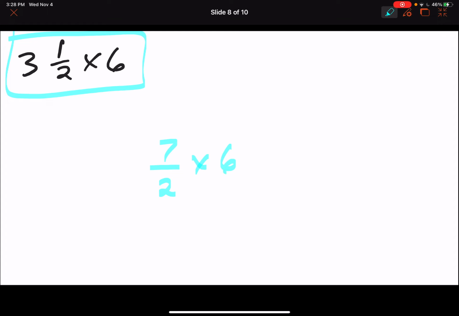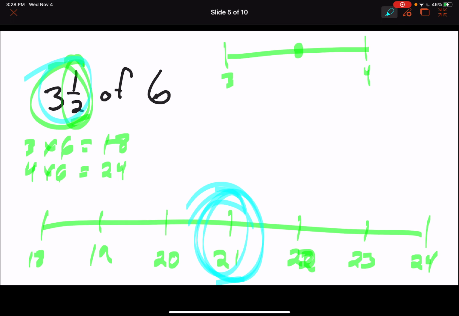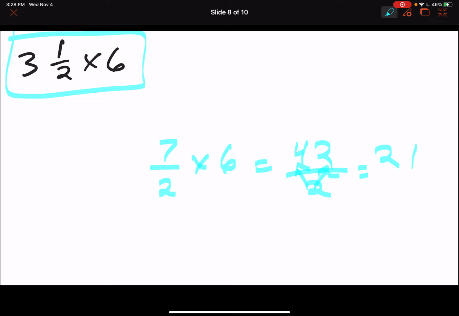Okay, and 7 times 6 is 42. And then if I divide by 2, because I want to get it into the lowest form, that is 21. And so if we go back, that's what we got there as an answer as well, 21. So you can do it in either way.